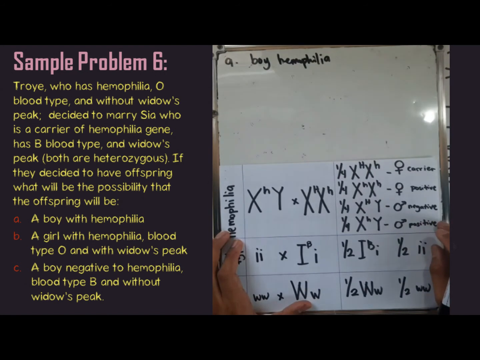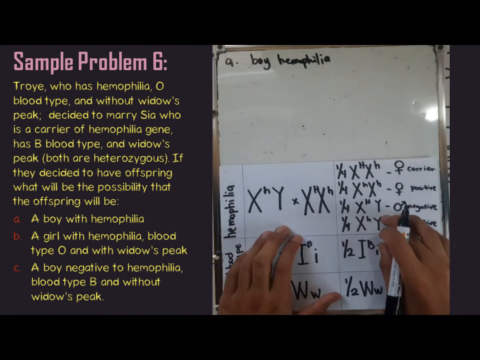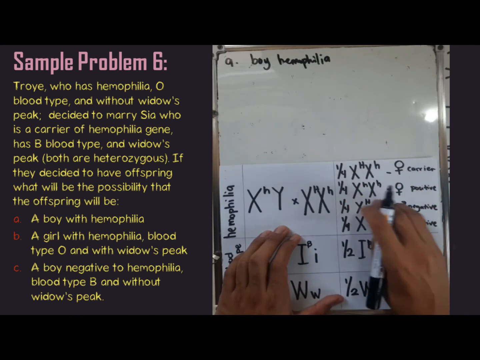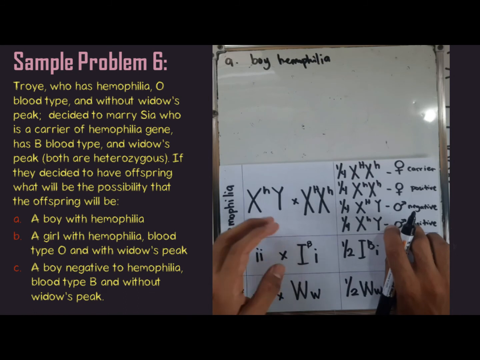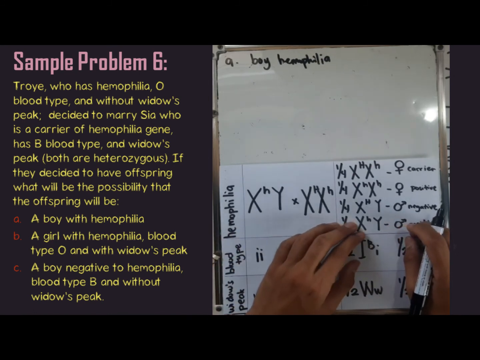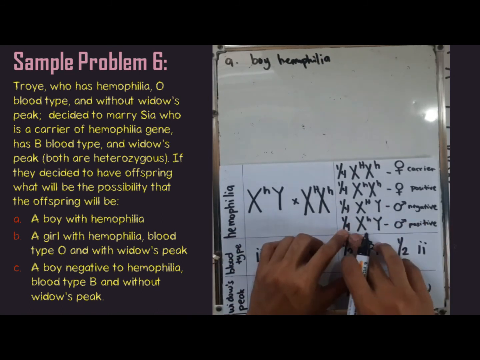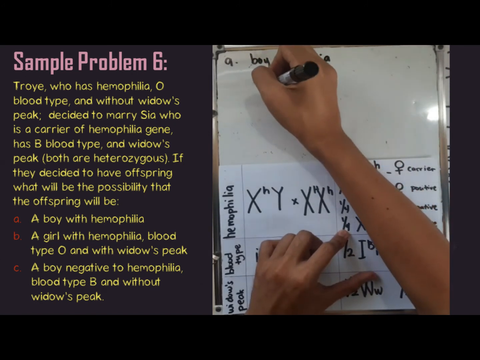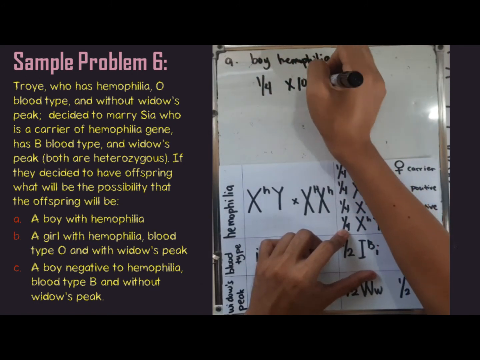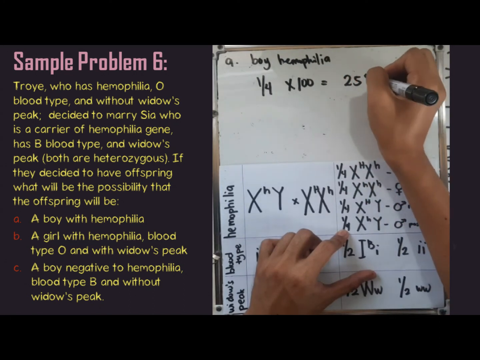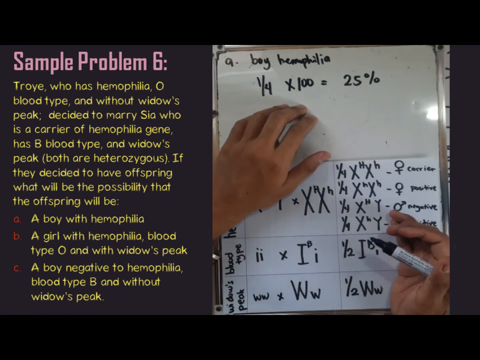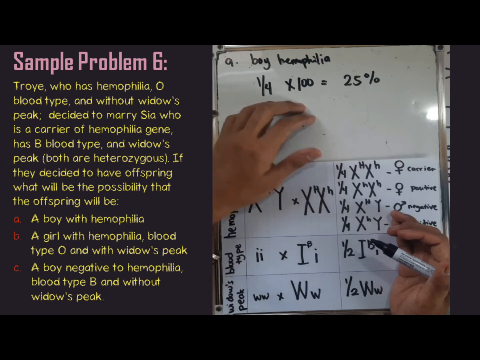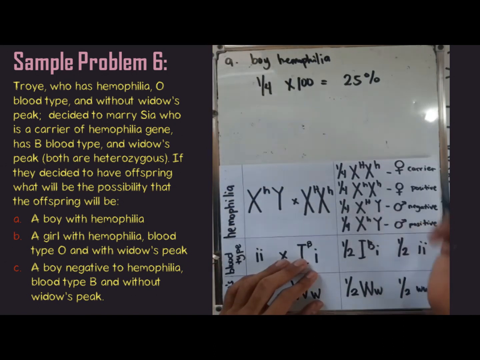Since we now have the FOIL method answers that we had summarized earlier, we can determine that the probability that Troy would have a son possessing hemophilia is equivalent to 1/4, or 25%. So that is for letter A.